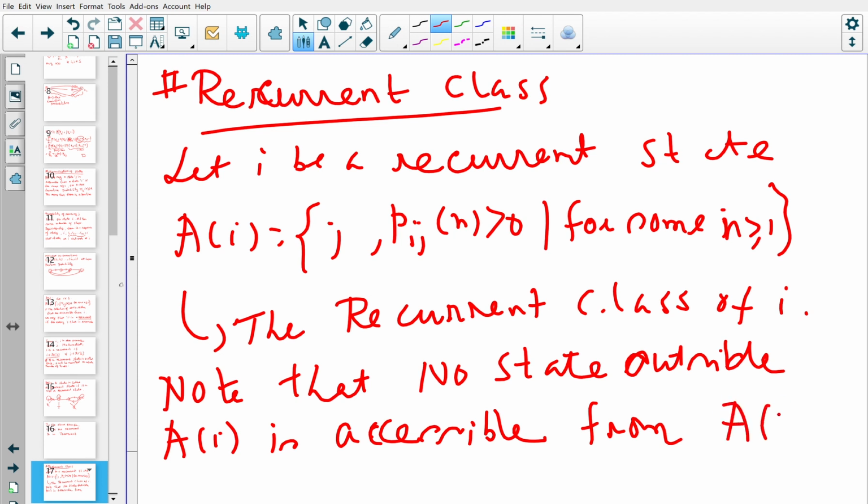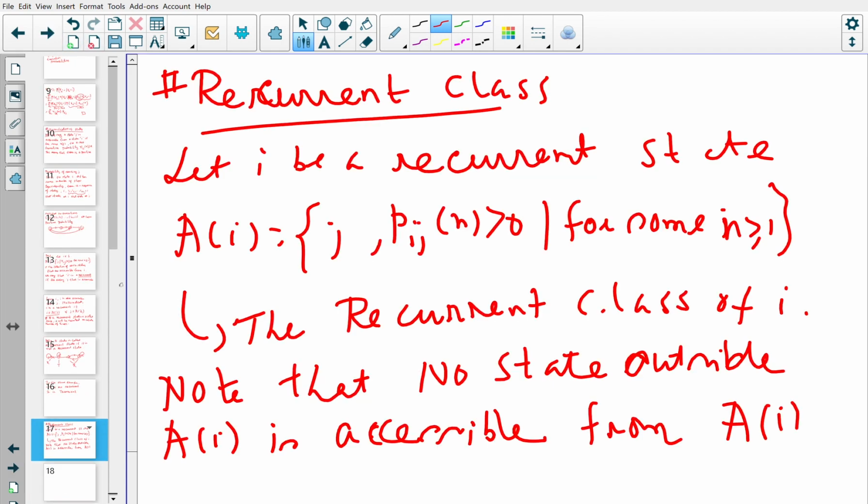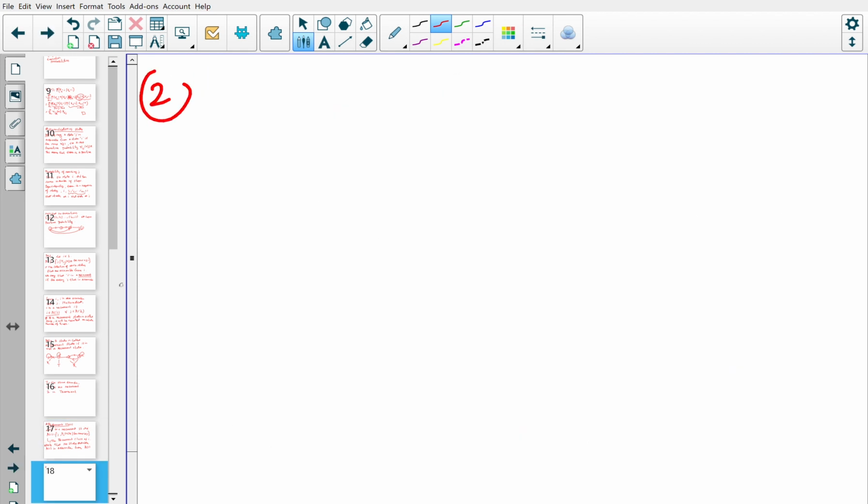So if you start within A_i, you cannot go to something outside, right? So this is property number one.